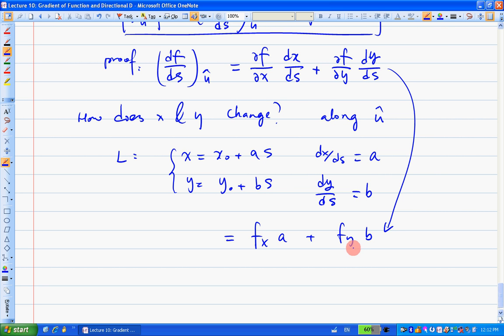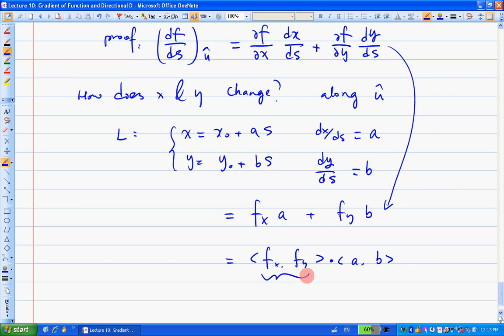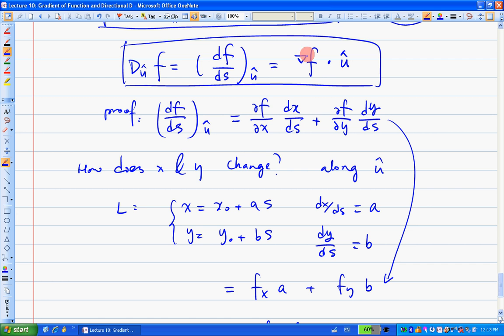And I'm going to write this in a vector dot product format. The first one here is del f, the second one is u hat. So that basically gives us a proof of this formula.